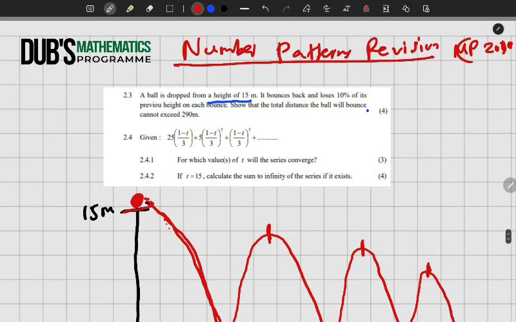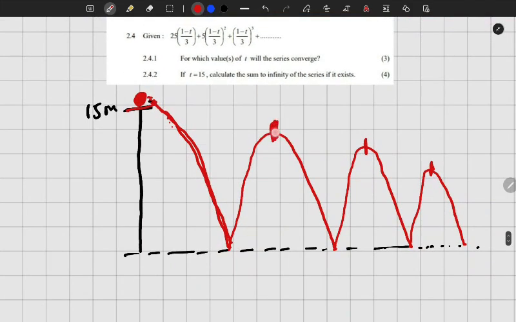But now they're saying it bounces back and loses 10% of its previous height on each bounce, meaning that this height is 10% less than this height, or just 90% of this height, the same as losing 10%. And then this height is 90% of that height.